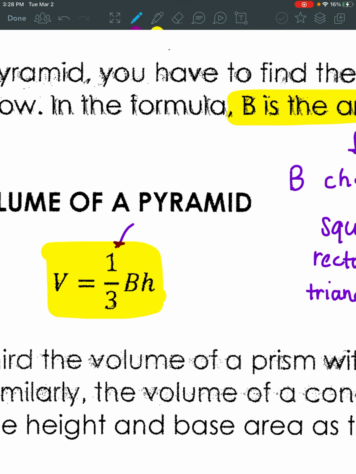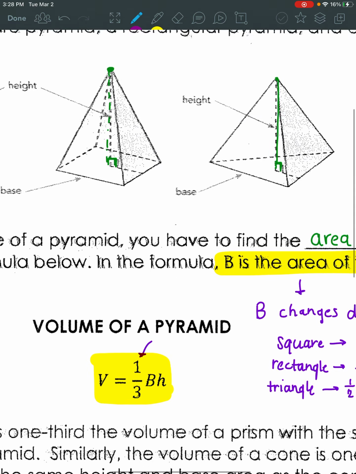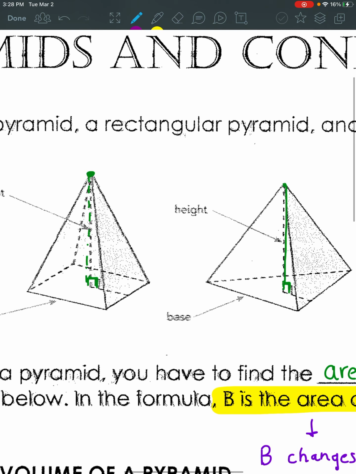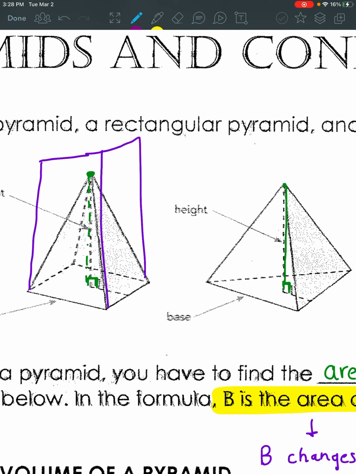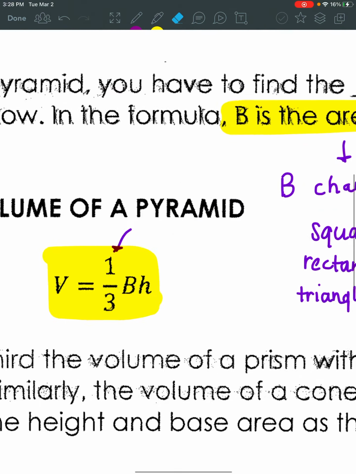Now, also notice in your formula the 1/3. Basically, what this means is the same as a rectangular prism. If we were to change those triangular sides into a rectangular prism, and I'm no good at drawing here, we can take the volume of that pyramid and fill it up 3 times, and that will fit into that rectangular prism.